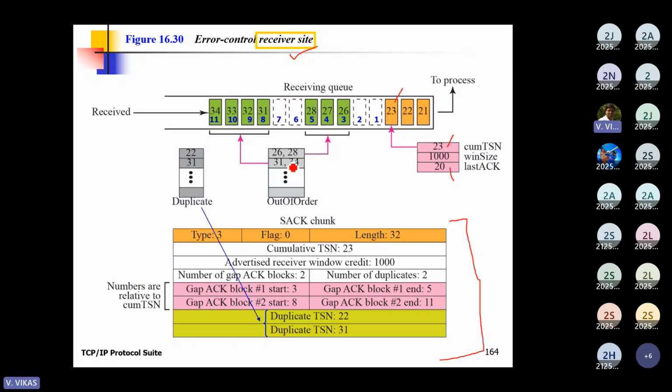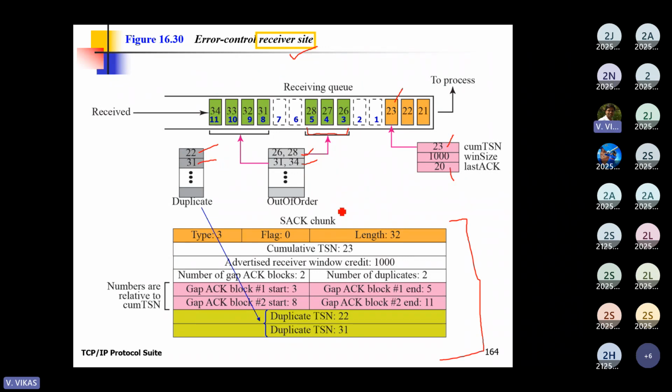Next, we are saying we have received out of order from where to where? We received from 26 to 28, out of order. Then 31 to 34, I have received out of order. Then the 22nd one, I received twice. 31 also I received twice.